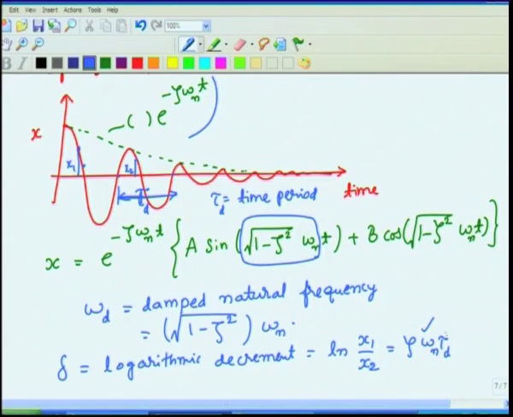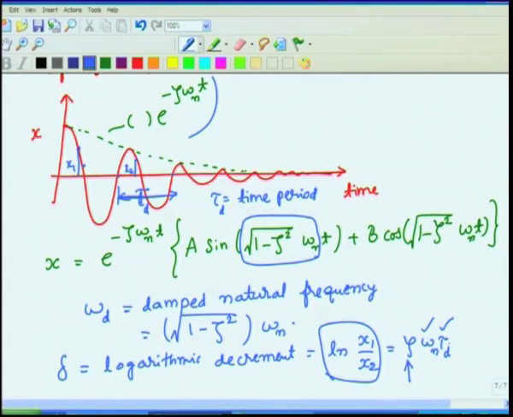Now, we know this because we can measure it, and this logarithmic decrement we can measure too. All of these things we know, then we can compute this zeta, or damping coefficient. This is a very useful thing, because if you have a vibrating system, you can measure its free response when it is damped.